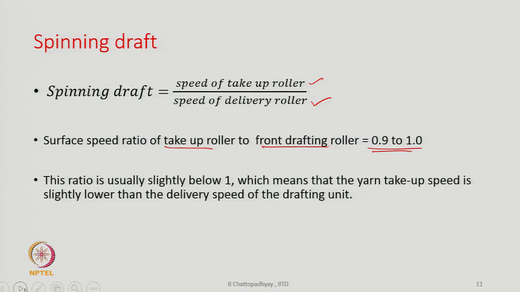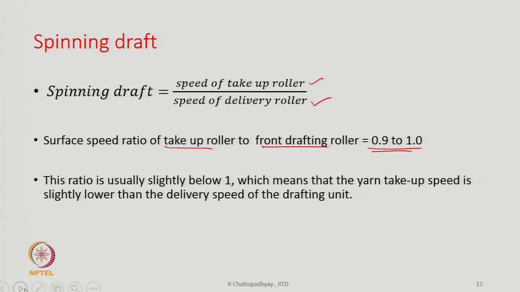The ratio is usually slightly below 1, which means that the yarn take up speed is slightly lower than the delivery speed of the drafting unit. So, if I deliver x length of drafted fibers, the yarn take up speed will be 0.9x, it is a little less.